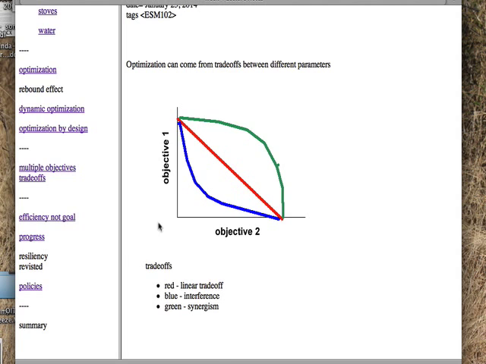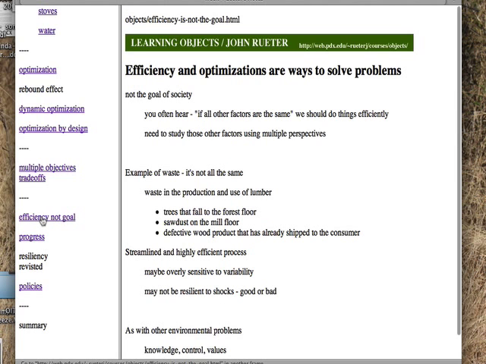All right. Now, the theme of this lecture is that efficiency and optimization are not always how you solve problems. I often hear people say, if all the effects are the same, we should just do things more efficiently. Well, that's true. I don't argue with that, but there are so few times when all the other factors are the same.